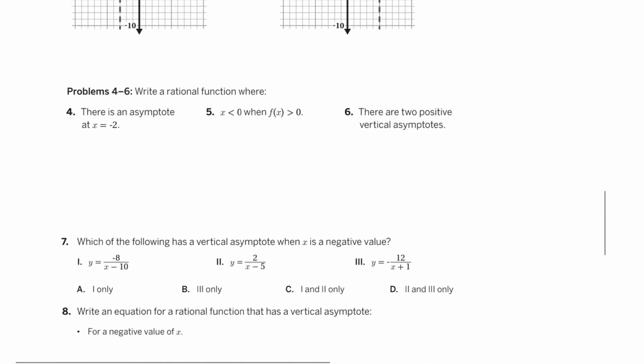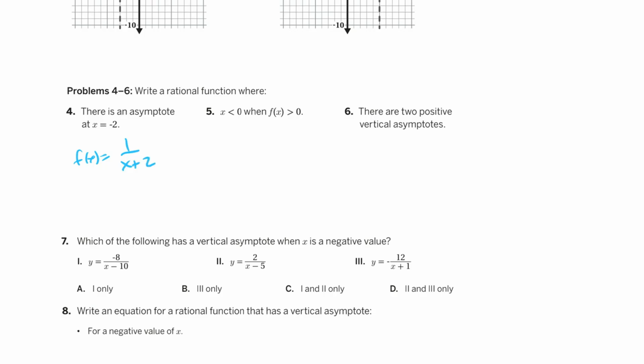Problems 4 through 6, write a rational function where, for number 4, there's an asymptote at x equals -2. In this one, I could say f of x equals 1 over x plus 2. For number 5, it says x is less than 0 when the y value is greater than 0.